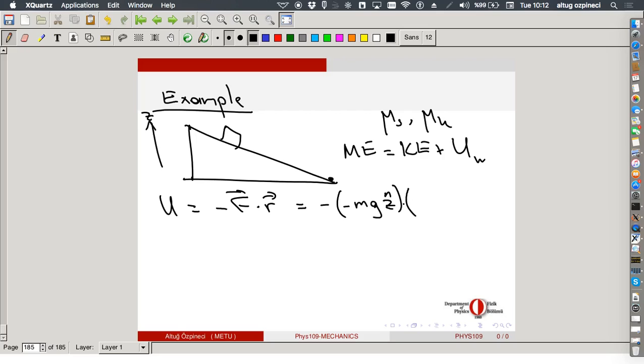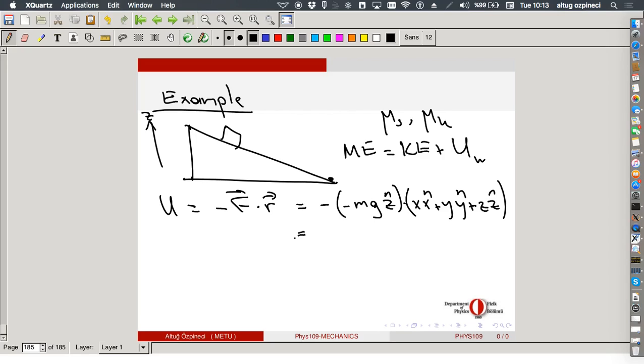Well, the position of the object can have some x component, some y component, some z component. So we have the scalar product of these two vectors written in terms of their components. To calculate the scalar product, you just multiply the corresponding components. The force doesn't have any x component, there is no y component, there is only the z component.